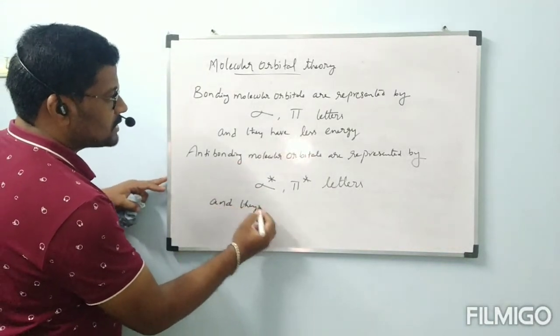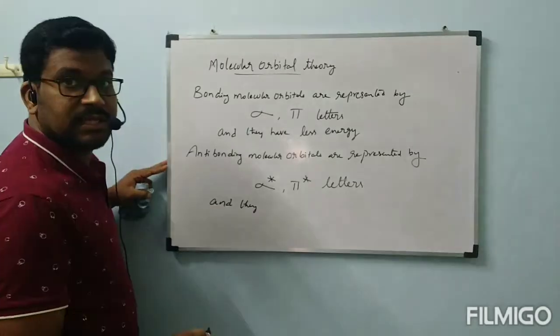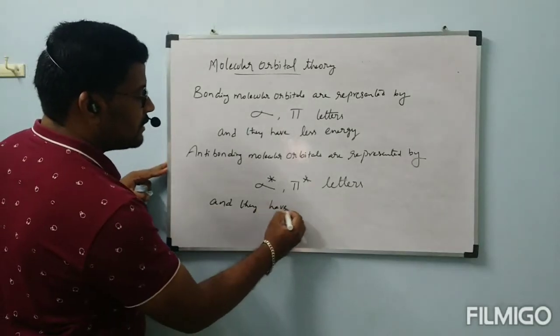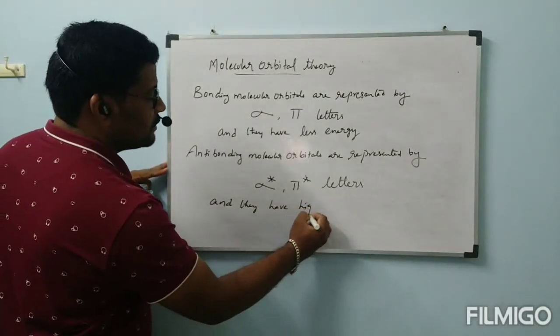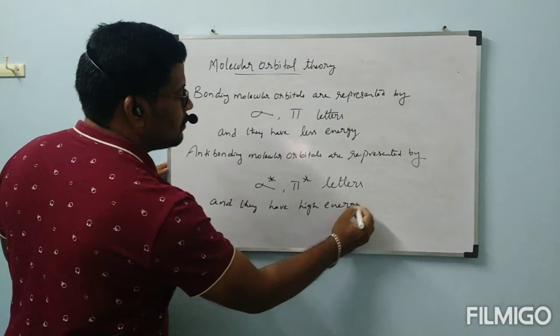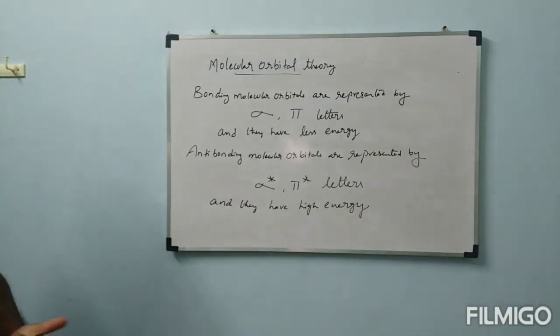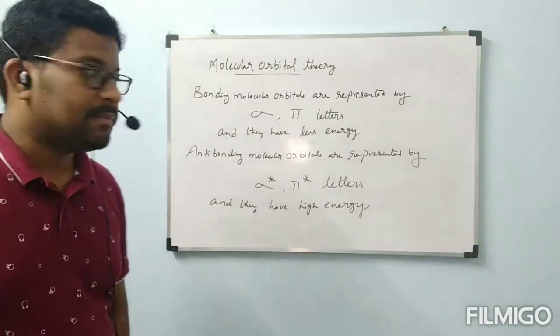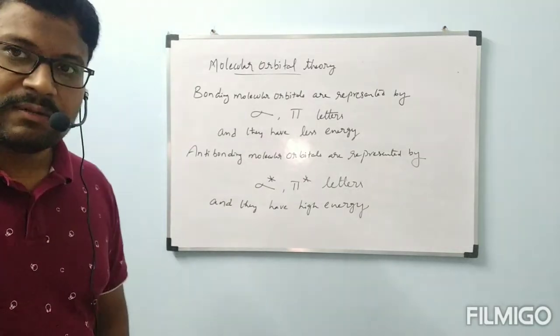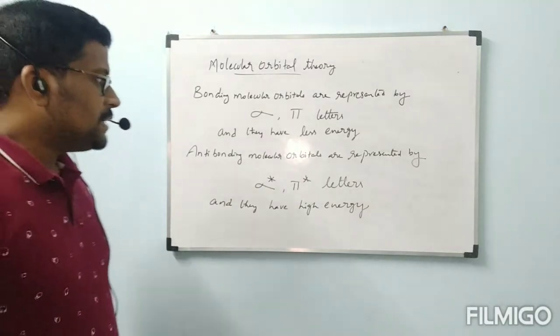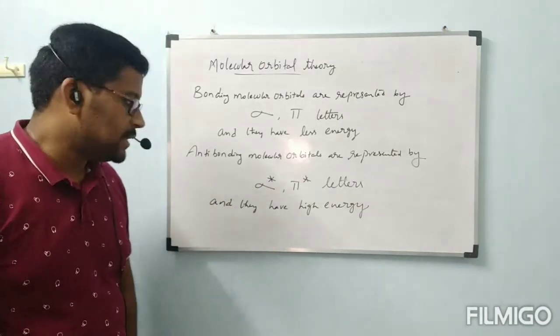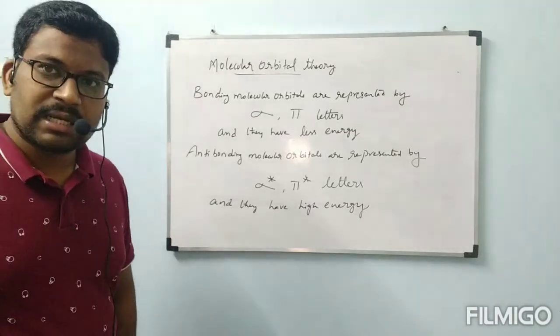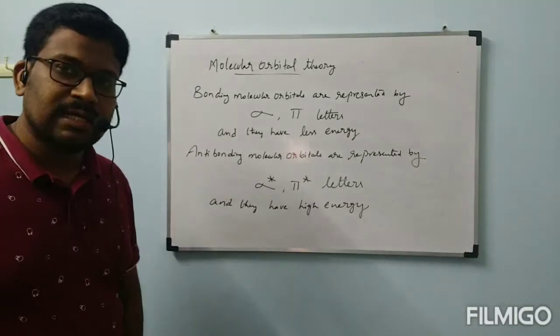Anti-bonding molecular orbitals are represented by sigma star, comma, pi star letters and they have high energy.